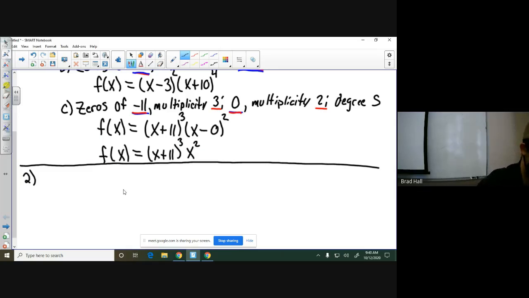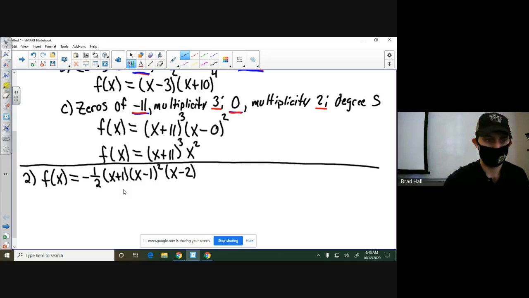And problem 2 says graph this function here. And it says graph this function by finding a whole bunch of information. So this is going to seem very similar to a problem you may have seen in the polynomial functions and their graphs section.